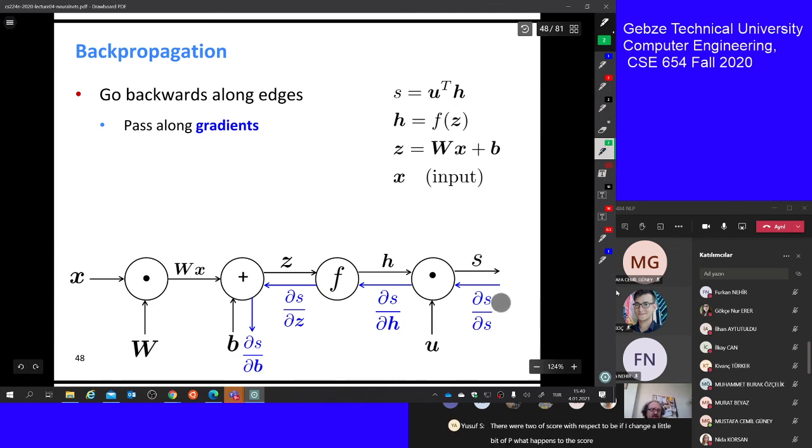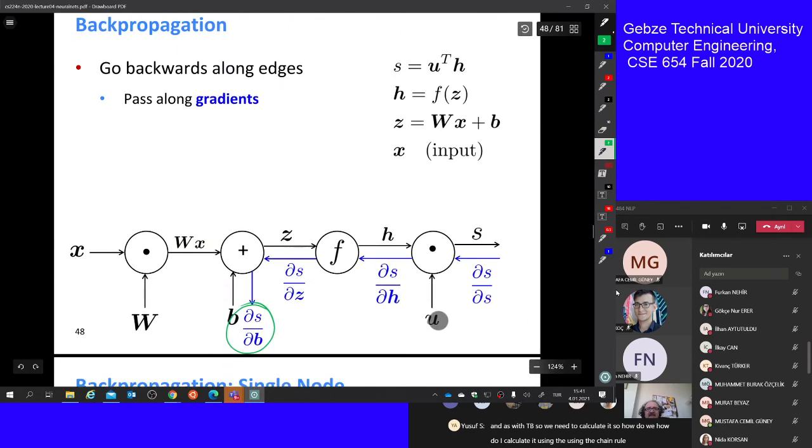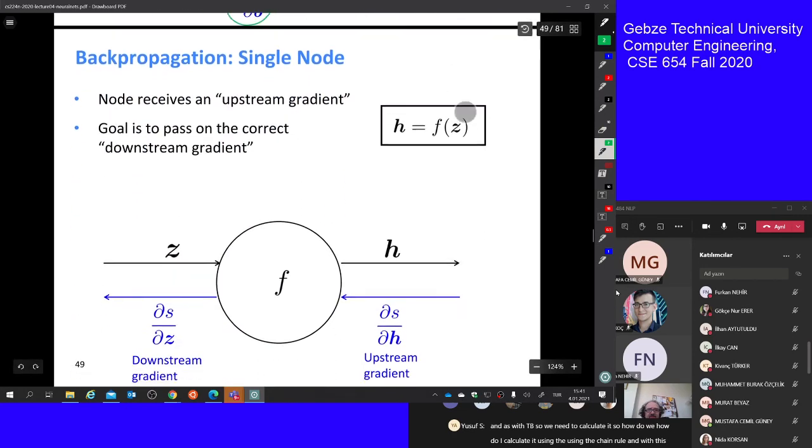I start from here, the derivative of score with respect to score, but score depends on H. I take the derivative of S with respect to H, and with the chain rule, I have to take the derivative of S with respect to Z and S with respect to B. So we need to calculate it. How do I calculate it? Using the chain rule.